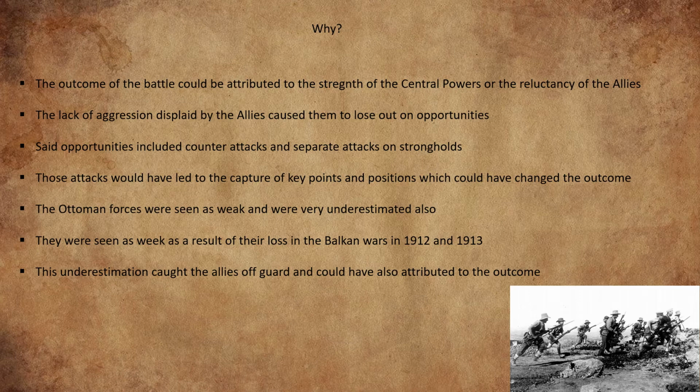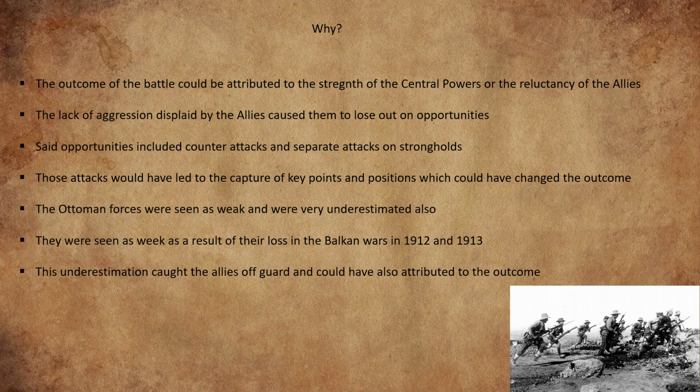The Allies were very reluctant to be aggressive throughout the entire campaign, which would have given them the opportunity to counterattack some of the Turkish attacks to push them back, which possibly could have allowed them to further progress inland and take on those forts, which would then allow them to sweep for mines and take out the fortifications on the straits, which would allow the Navy to push further inland, and eventually their goal was to go all the way to the capital of the Ottoman Empire, Constantinople.